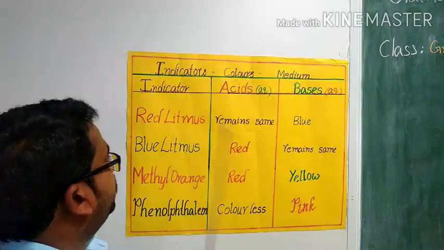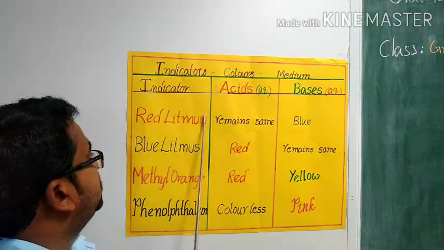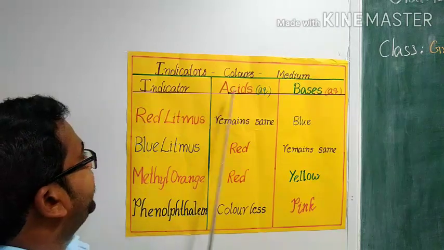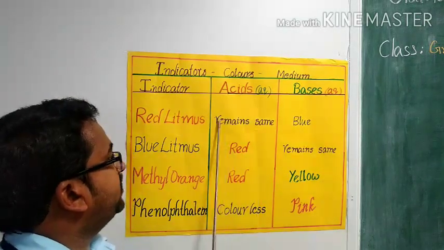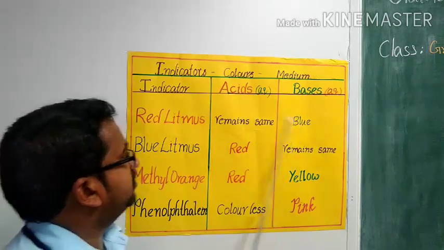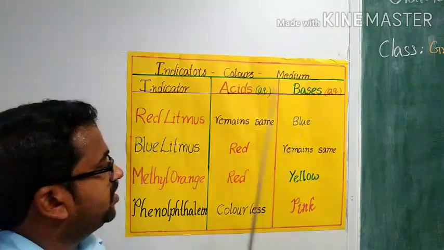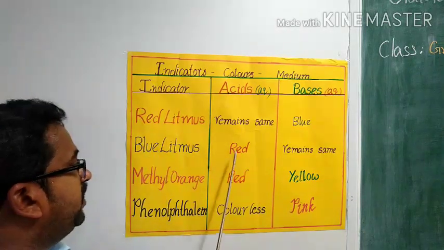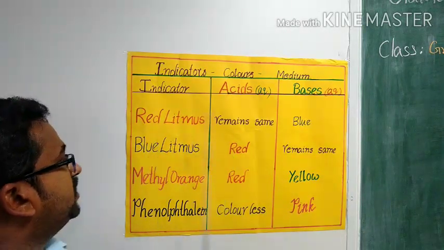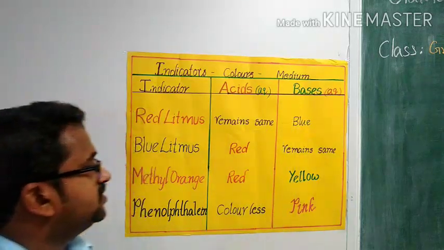Among that, red litmus. What is the color of red litmus in acidic medium? It remains the same. In the basic, this red litmus turns into blue, and this blue litmus in acidic medium turns into red, whereas in basic it remains the same.